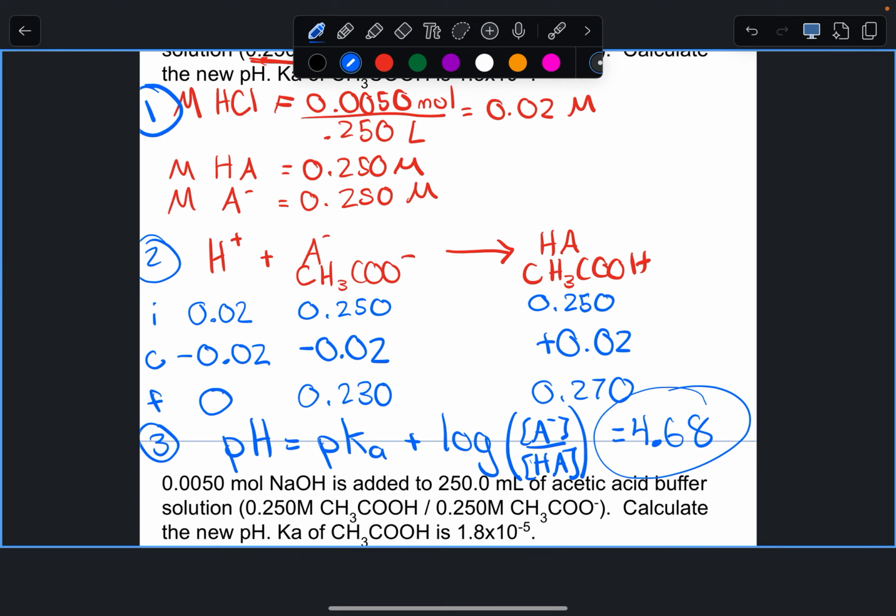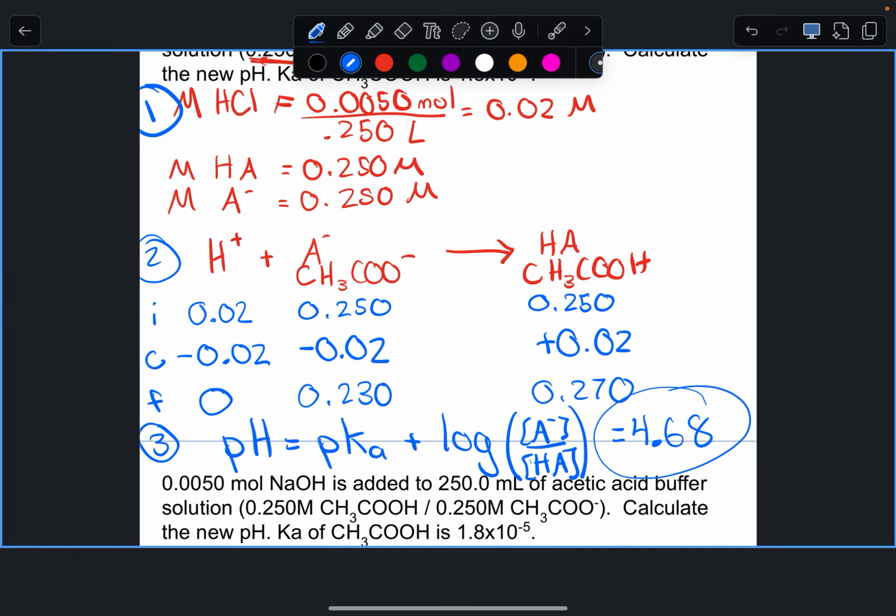That's crazy. If I had added that amount of acid to just water, the pH would be 1.7. So it would go from neutral to 1.7. This only changed the pH by 0.06. So this is the whole idea of a buffer, is it changes the pH ever so slightly.